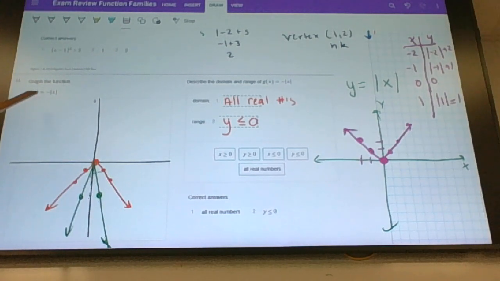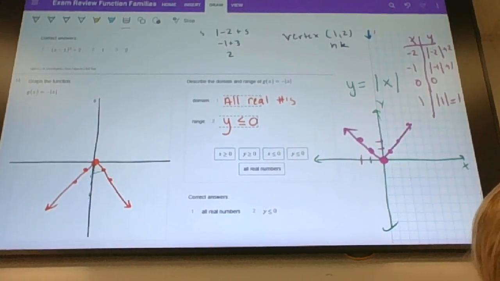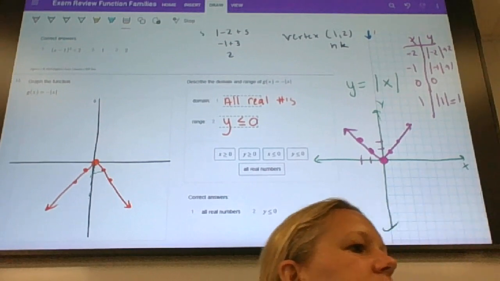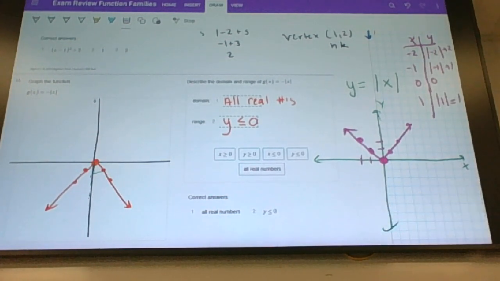Well, there's a negative 1. So it started at the center, and the slope is down 1 over 1. It's the red one. You have to tap back in the center. Alright, so go center there. Good.